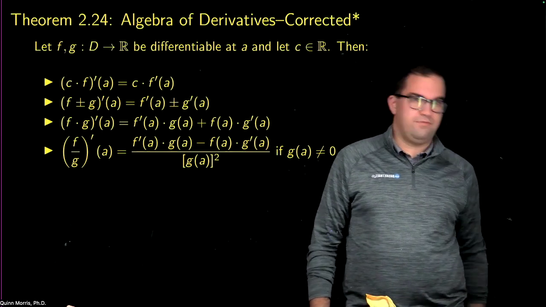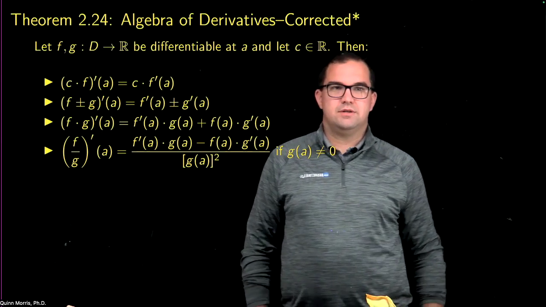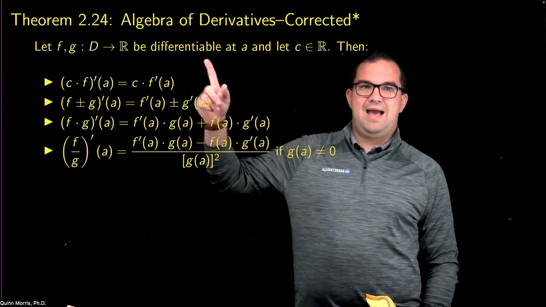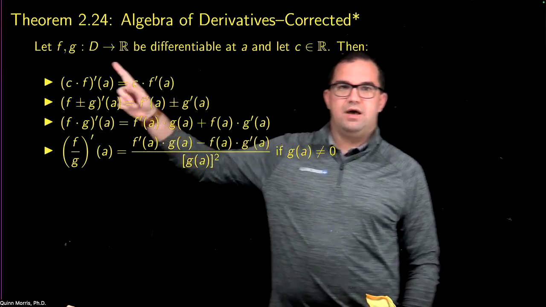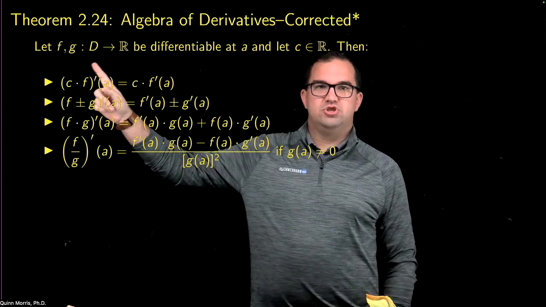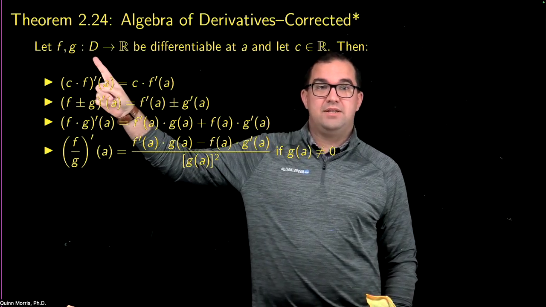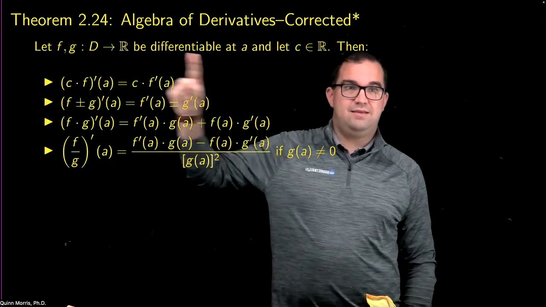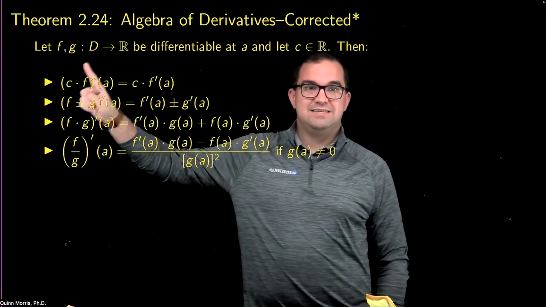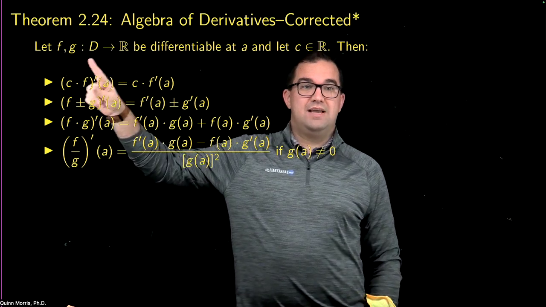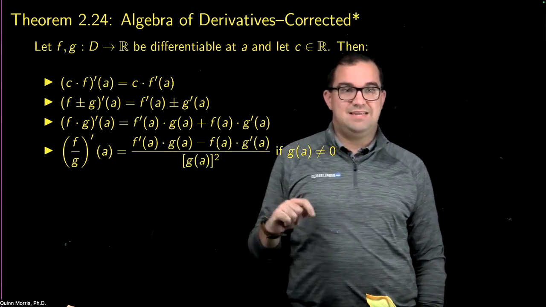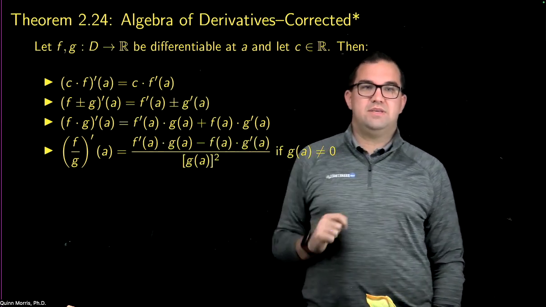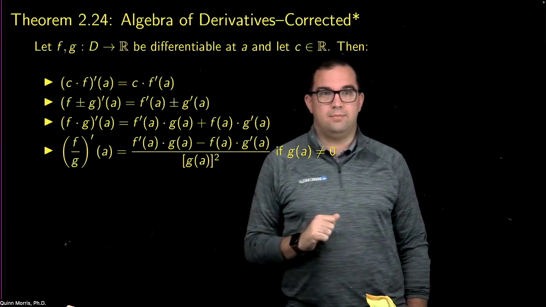But I'll give you a corrected version, where I'm just going to add in this condition that f and g are defined on a common domain D, and they're differentiable at a, so a is in D, and a is an accumulation point of this common domain D. Okay, then all these conditions hold with no problem.